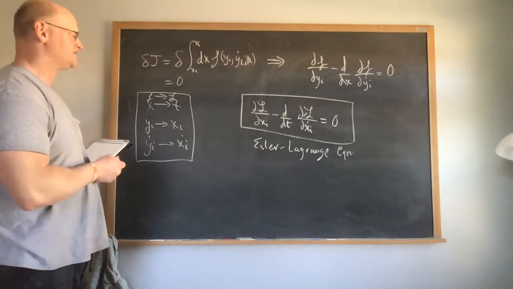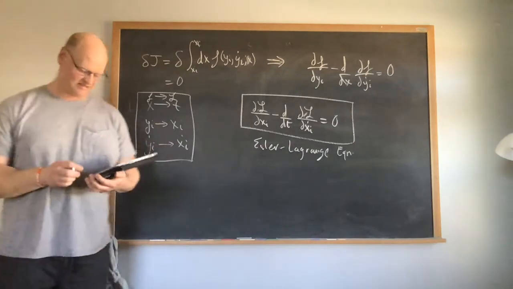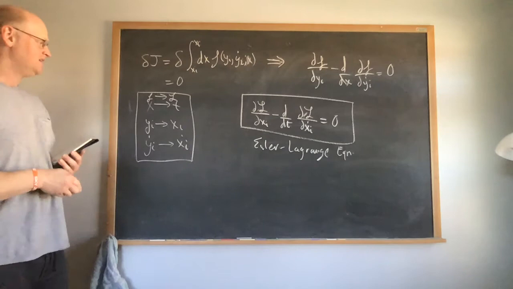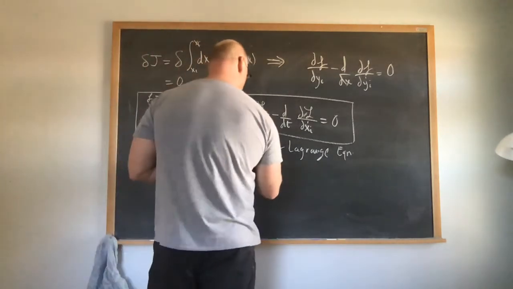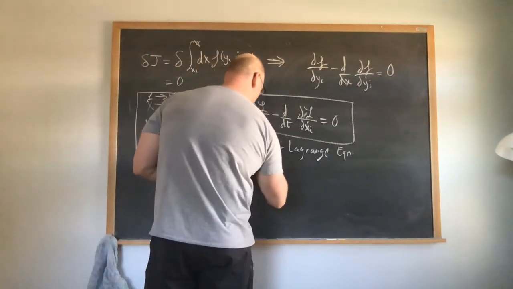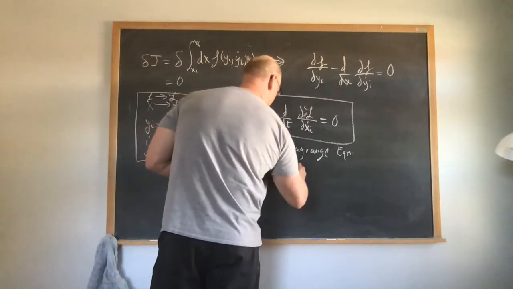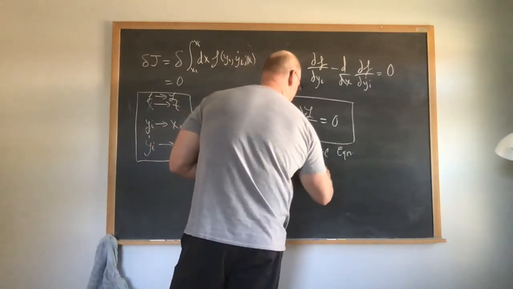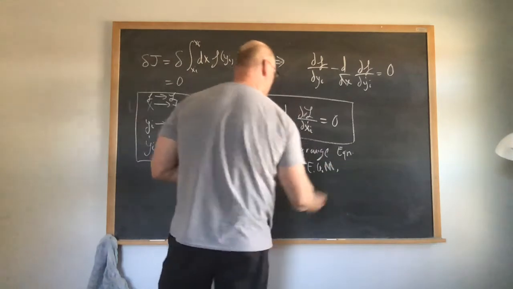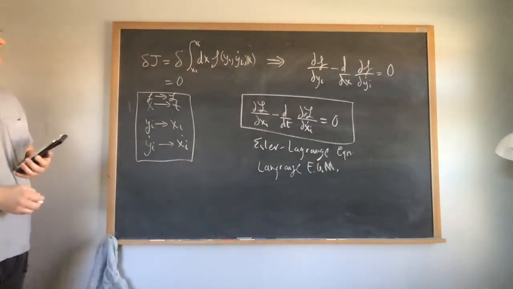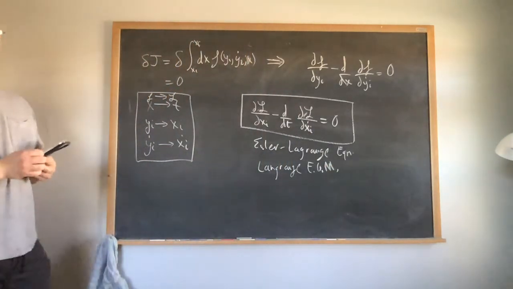And then this is what's known as the Euler-Lagrange equations instead of just the Euler equations. So basically, this Euler-Lagrange equation gives you what's known as the Lagrange equations of motion. So by solving this system, we then get the Lagrange equations of motion.